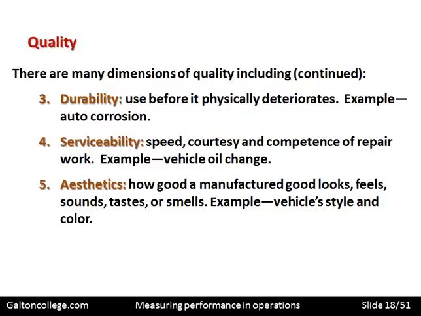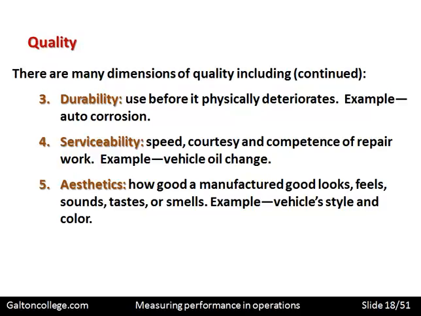And the aesthetics. How good a manufactured look does it have? It should appear pleasant. It should feel good to drive if it's a car. It should have proper sound. The engine should not make loud noises, and it should fit with the taste of the person. So let's say a car, the vehicle style and the colour of the car.